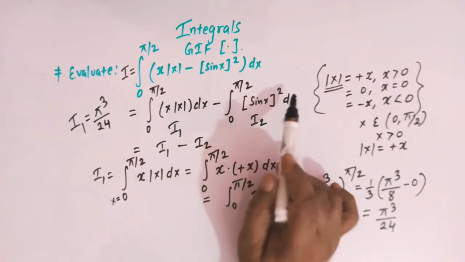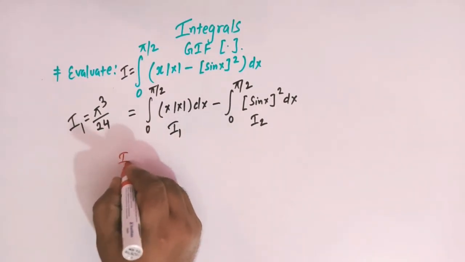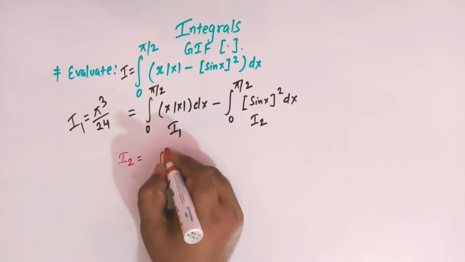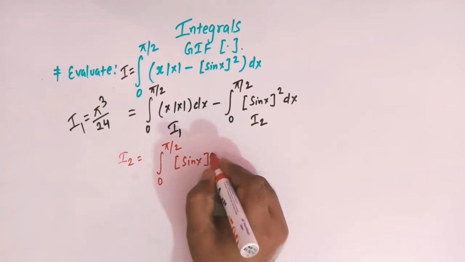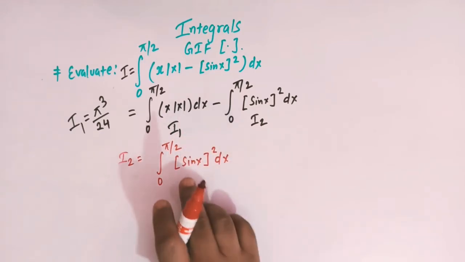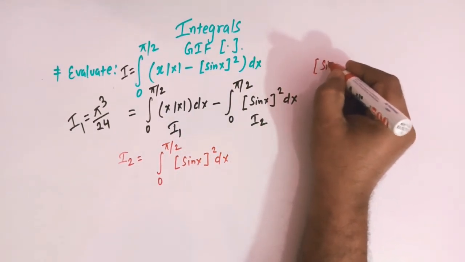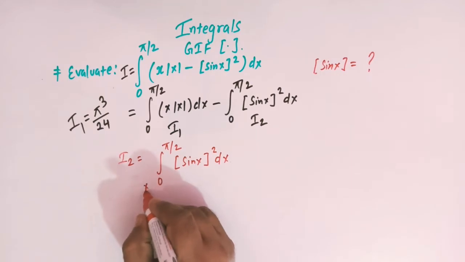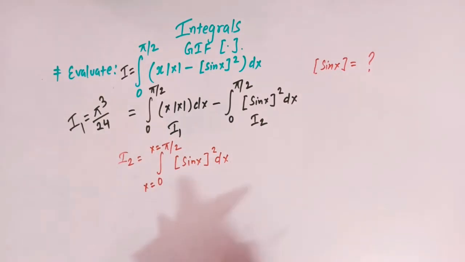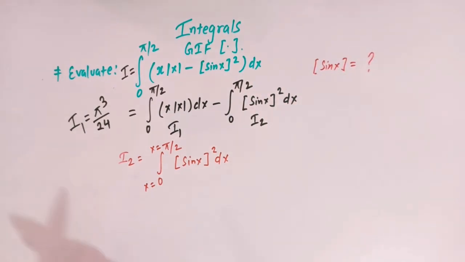Now let us solve this integral I2. Now I2 is the integral from 0 to pi by 2 of the square of the greatest integer of sine x, right? See, now we have to assign the value of greatest integer of sine x when x varies from 0 to pi by 2, right? So to assign the value of greatest integer of sin x, let us have a look at the graph of sin x, right?